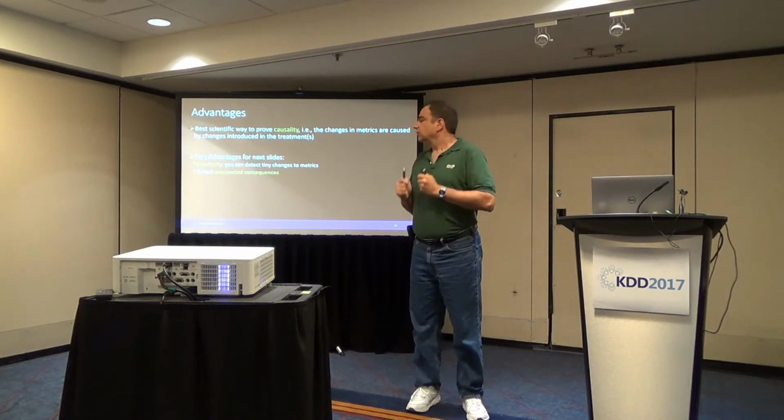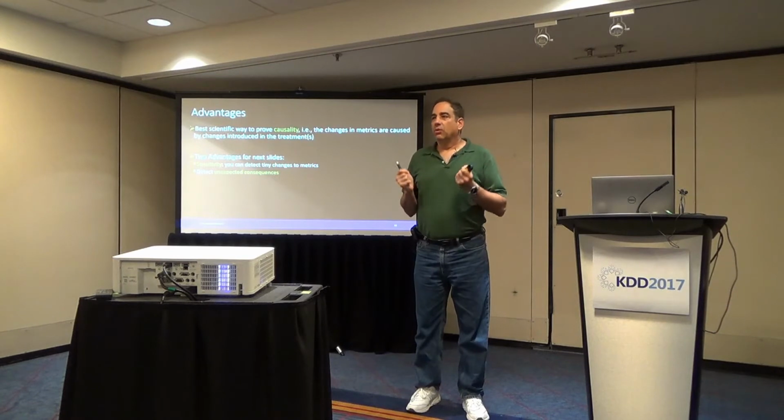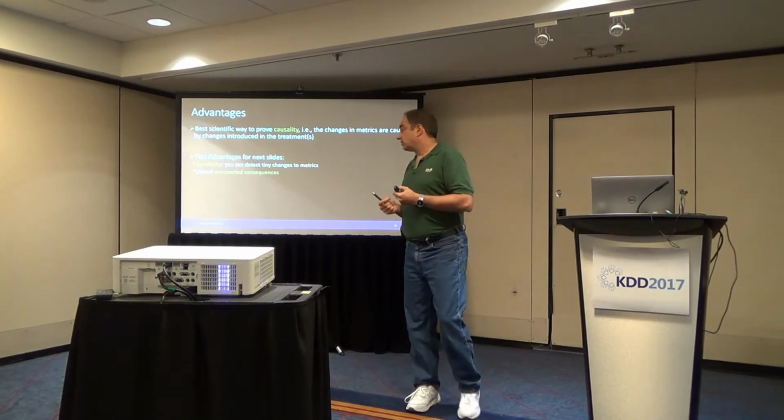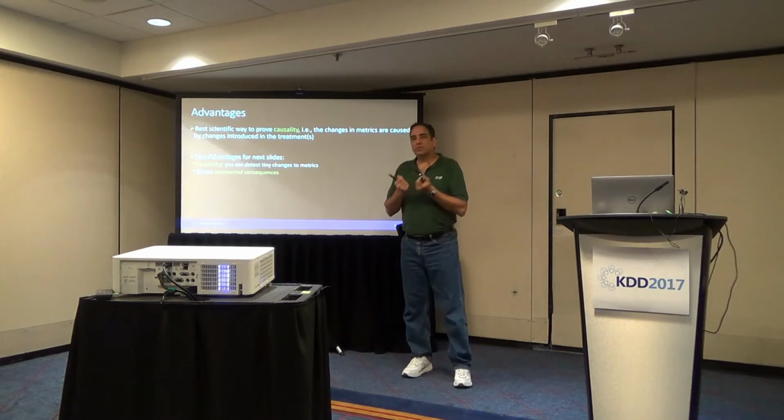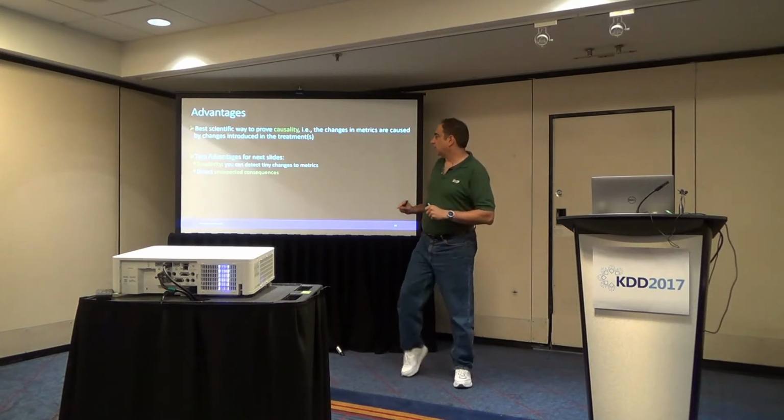At Bing, for example, we can detect differences of 1 to 2 milliseconds in the performance of our system. This is not something anybody could detect with their eyes, but we have such sensitivity on key metrics that we're able to detect it.